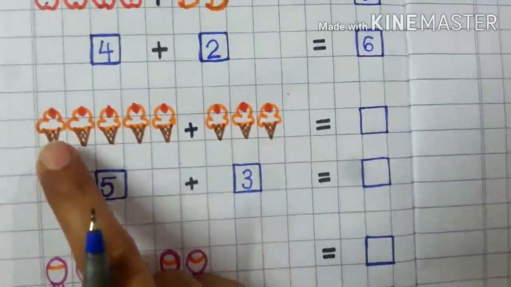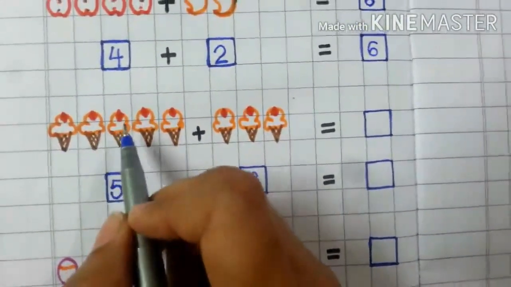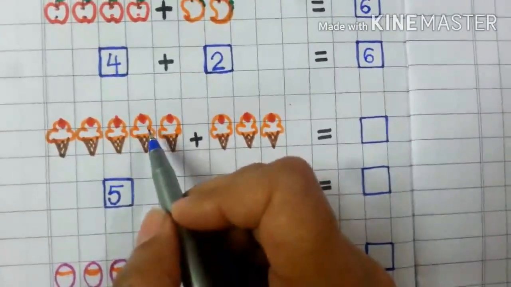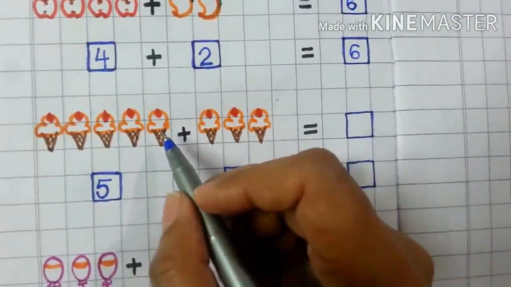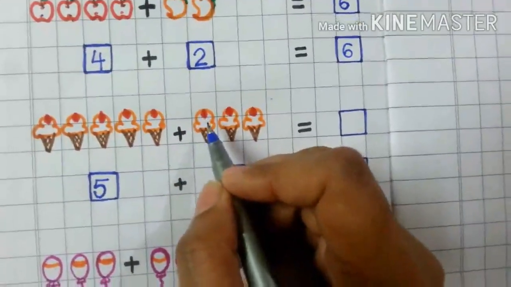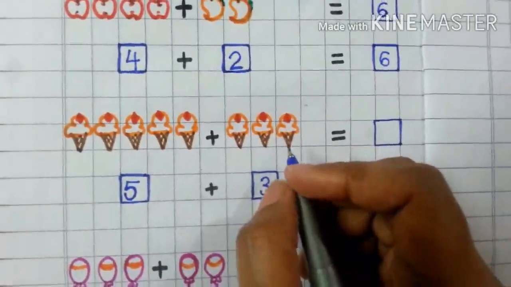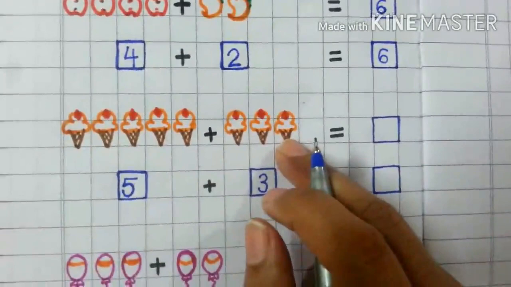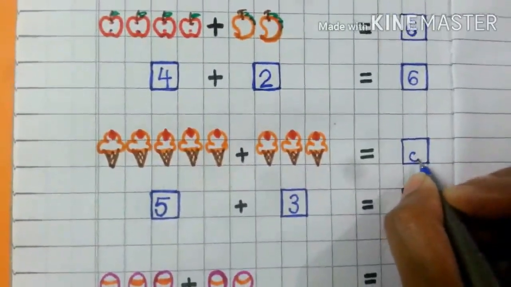Let's count with me. 1, 2, 3, 4, 5. After 5, follow the forward counting. 6, 7, 8. We have 8 ice creams all together. So write 8.